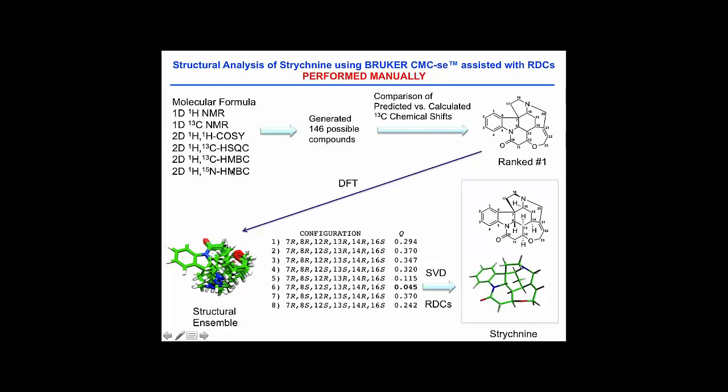So we fed it with this data. Then we generated 146 possible compounds, and using carbon chemical shift, predicted versus calculated, that was the constitution that had rank number 1. Then we generated by DFT all the possible configurations, and then we got the configuration. We ran the RDCs, and we got this quality factor for this configuration, and this was the correct structure.